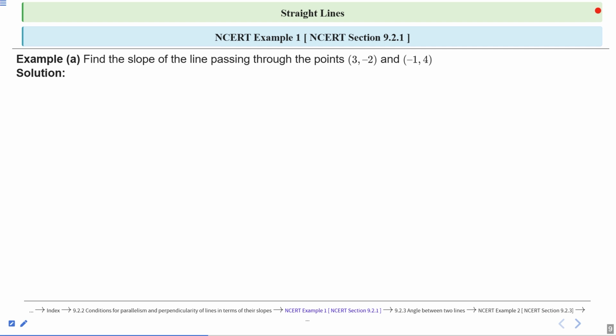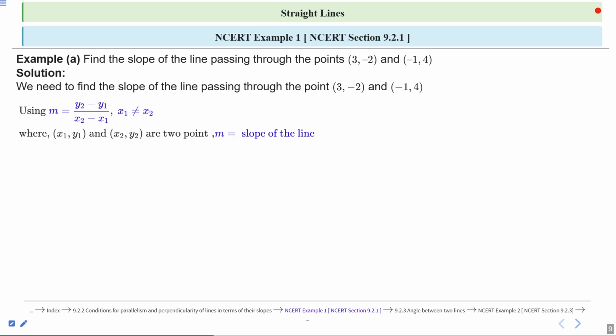So let us see the solution. We have to find the slope of the line passing through the points (3, -2) and (-1, 4).